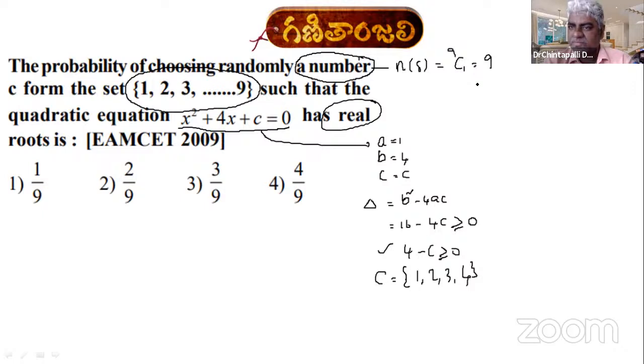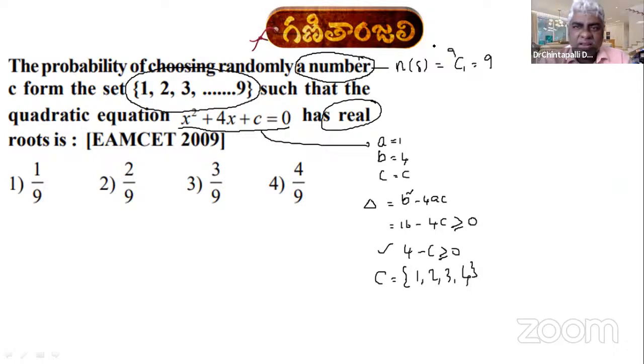In the language of combinations, it is 9C1. Suppose you are offered 9 different chocolates and asked to take one, how many options do you have? 9 options. That is the number of ways of choosing one thing out of 9 things, equal to 9 only.